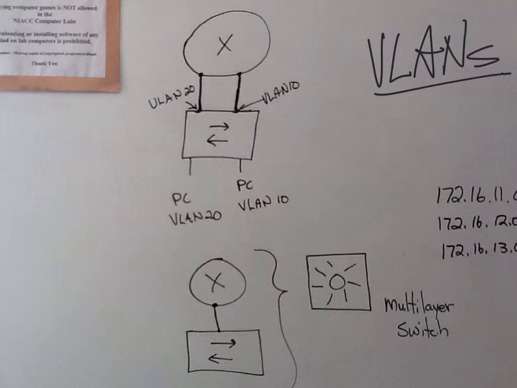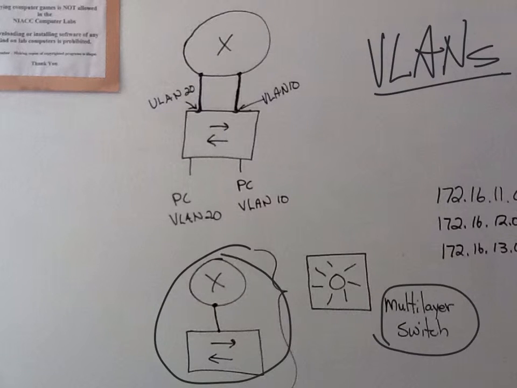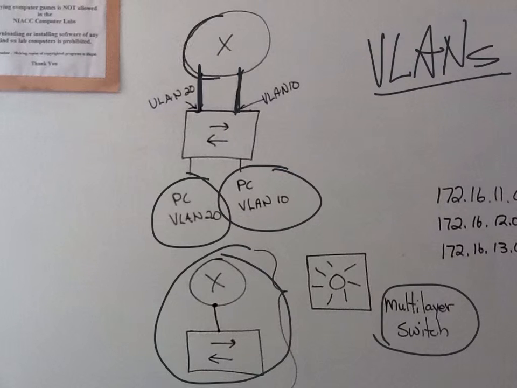We talked again about how a multi-layer switch replaces this scenario right here. Now you could have a VLAN and a VLAN, and not do any trunking, and have two ports on the router, and this would work. It would be pretty fast because you have separate traffic there, but it becomes impractical when you try to scale.